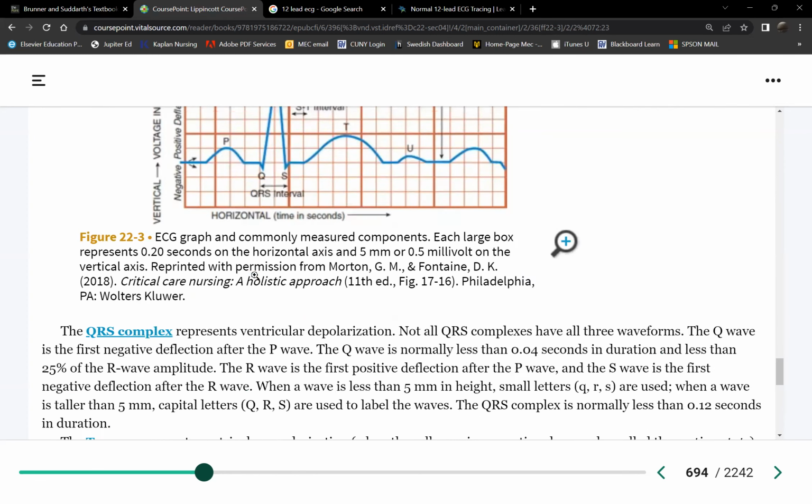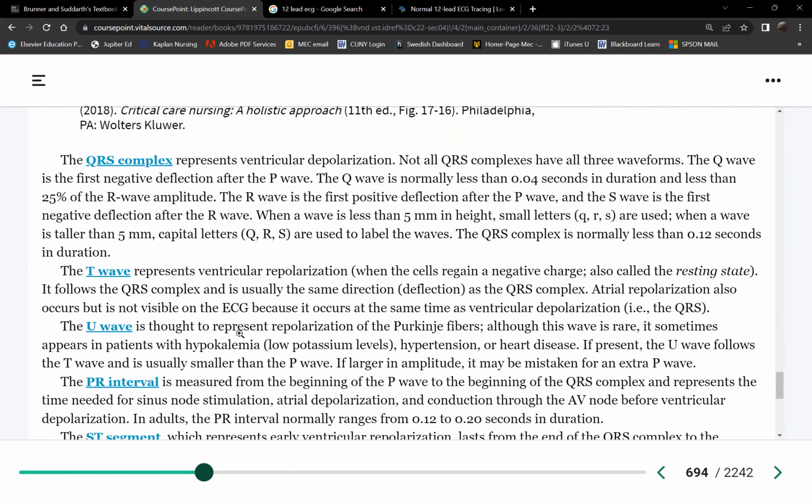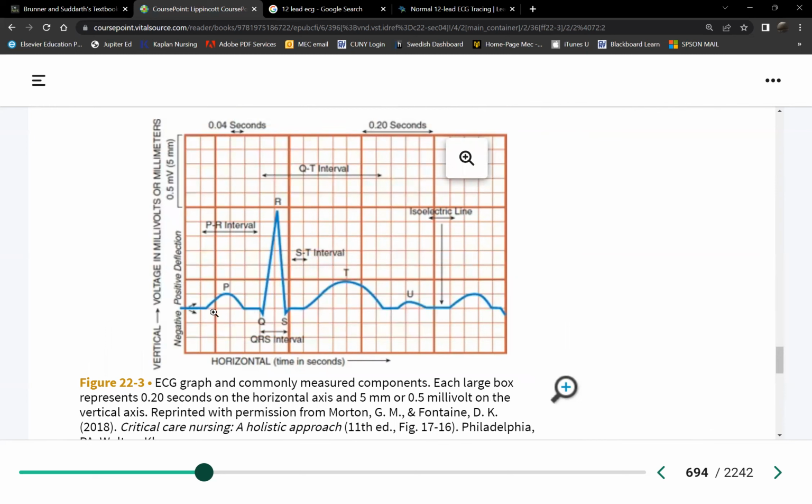Let's say in this heartbeat right here, if this is less than 0.12 seconds, from here to here, let's say it's only 0.1 seconds. That's short, right? What will happen to the heart rate? It goes faster.